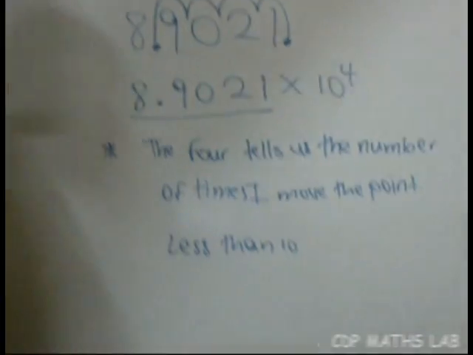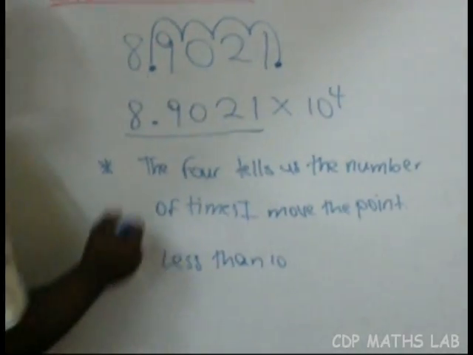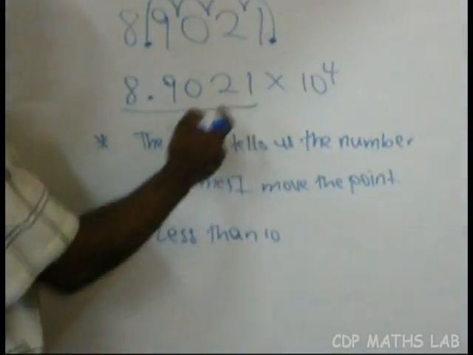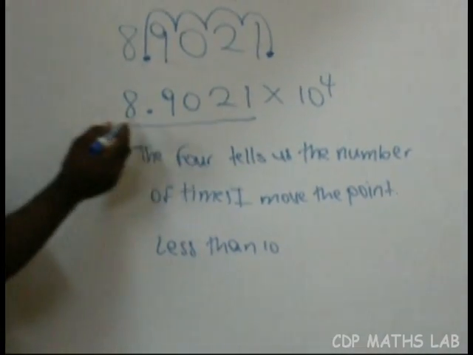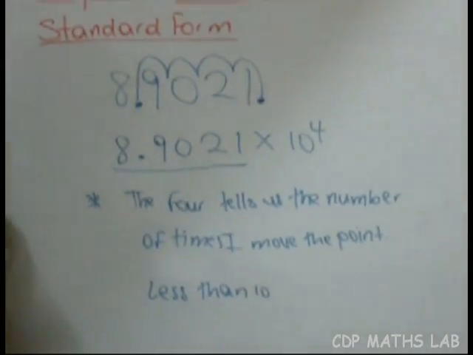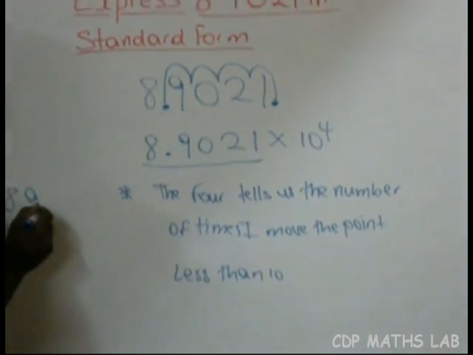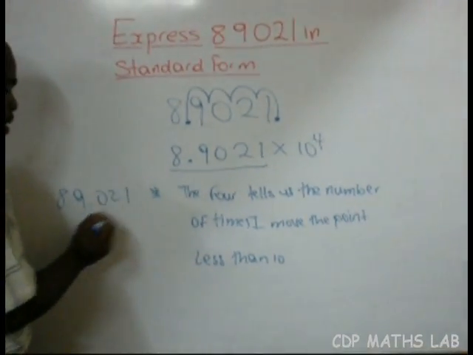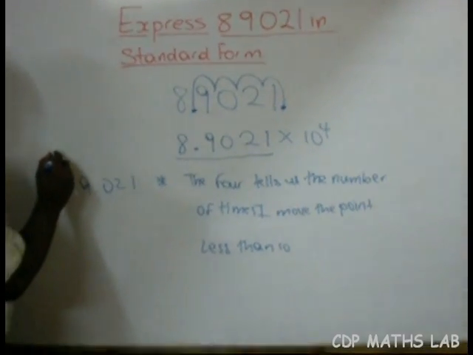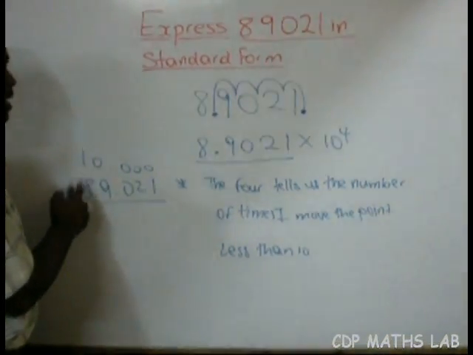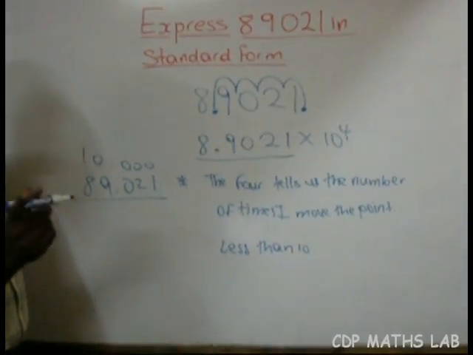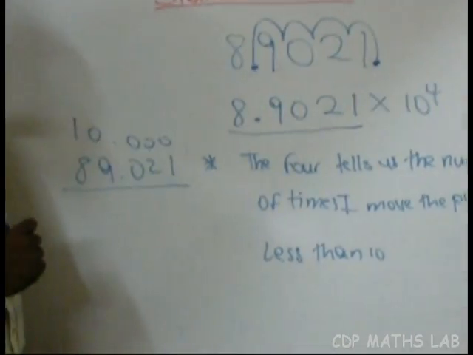Now you can test to see if this is less than 10. How do we do that? Now, let us say that if this was 89.021 and you're subtracting it from 10, you're going to get a negative number. Try it on the calculator and see for yourself.